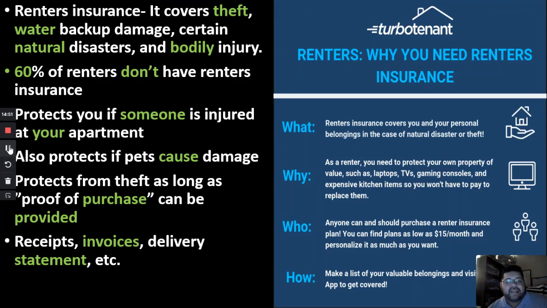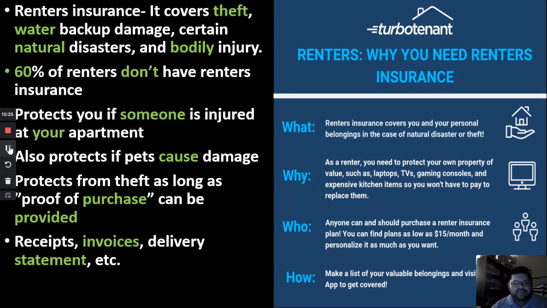Now, if you're like me and you rent an apartment, you can also get this thing called renter's insurance. Okay, renter's insurance covers theft, water damage, certain natural disasters, and bodily injuries. A student was asking me today in class, what do you mean bodily injuries? That's basically like if you mount a TV on the wall and a bunch of your friends are together, right? And the TV just comes off the wall and smacks them on the head.